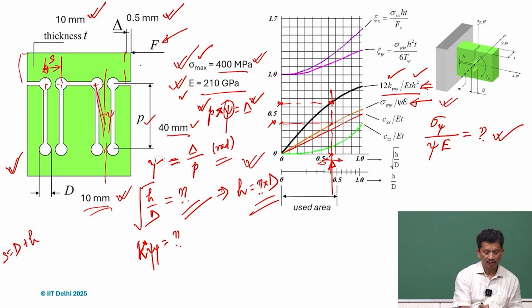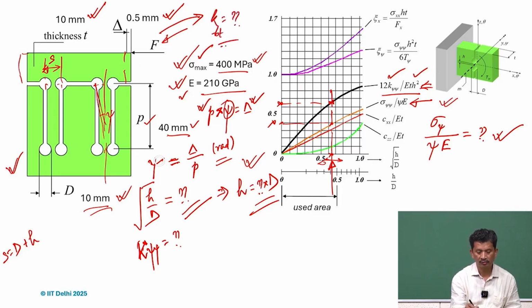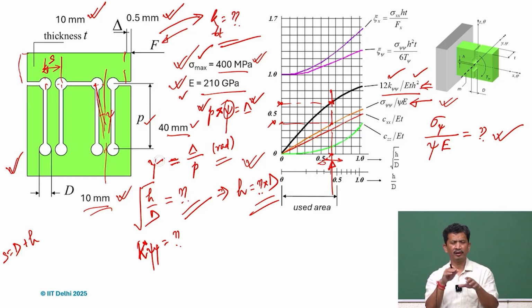If I'm interested in knowing k total, the stiffness felt at that point by the actuator when I'm applying a force, then using the equations and equivalence, we can also find k total in terms of k psi.